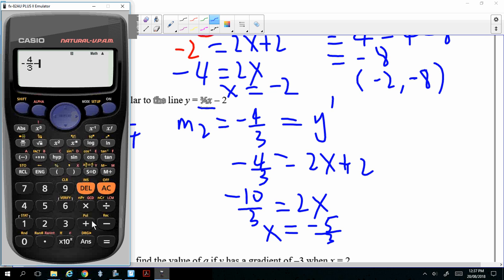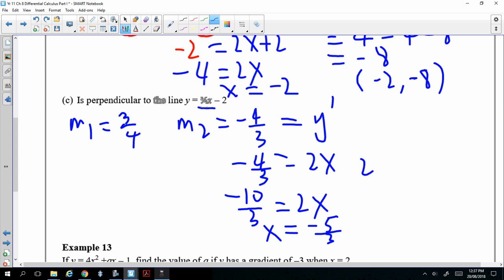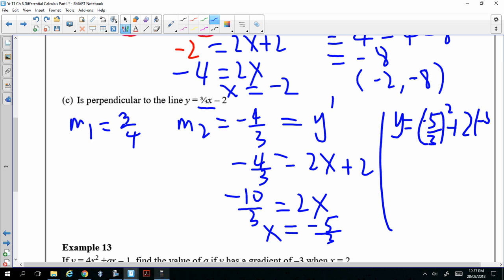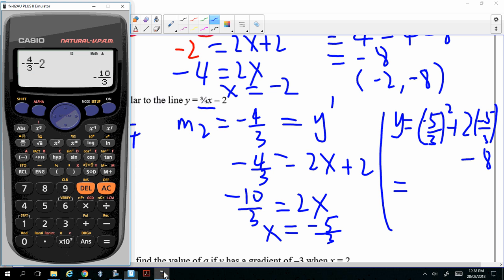Alright, and then once you solve for x, substitute back to find y. And then use your calculator. So that's the answers, so you write answer square plus 2 answers minus 8. Negative 77 on 9. So that's this point. So at this point, the gradient of the tangent will be perpendicular to this line.